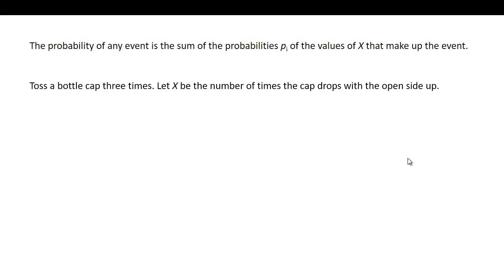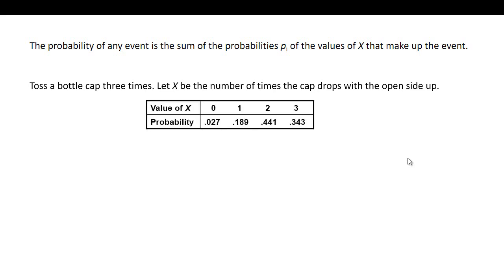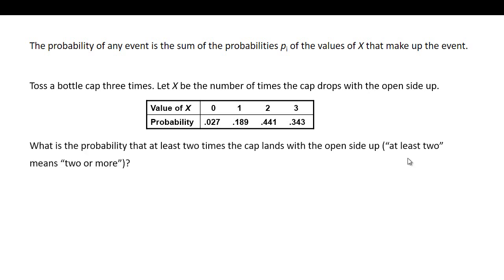If we again look at the example where we are tossing a bottle cap, where x is the number of times the open side is up, then remember that this is the probability mass function, or the probability distribution that we got for this variable. And let's ask, what is the probability that at least 2 times the cap lands with the open side up?